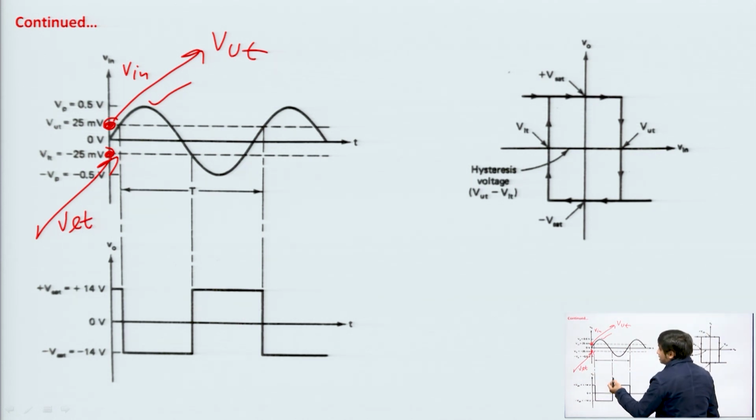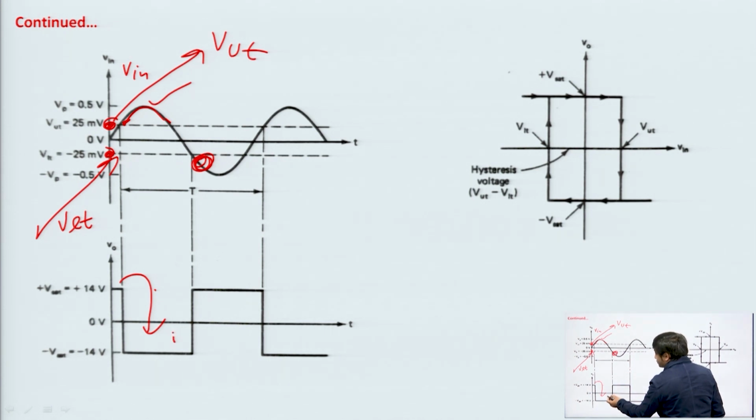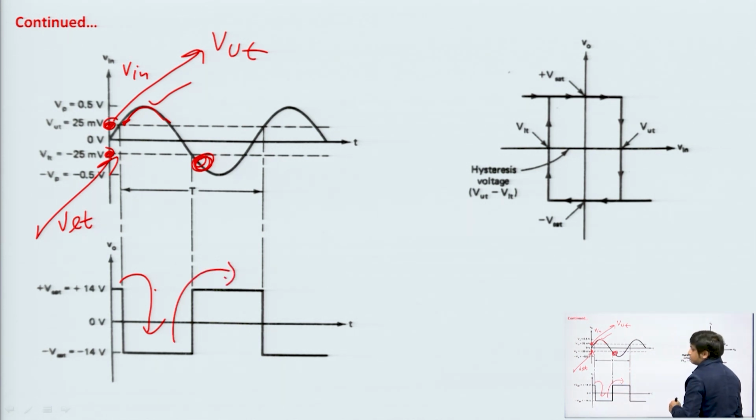You can see that whenever the input signal crosses the VUT voltage, the output switches from plus Vsat to minus Vsat, and when the input signal is more negative than VLT, the output switches from minus Vsat to plus Vsat. But the important thing is that when the input signal is in between VUT and VLT, there is no switching, that is the advantage.